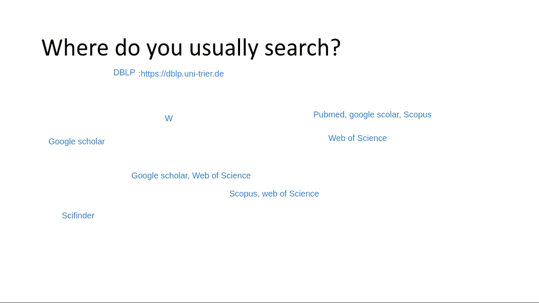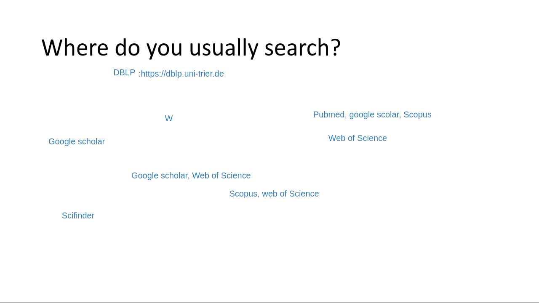Various publisher databases such as Science Direct are useful as well, although they'll only include articles from that particular publisher. It's also useful to search databases such as Web of Science or Scopus, which are multidisciplinary databases that include articles from lots of different publishers.